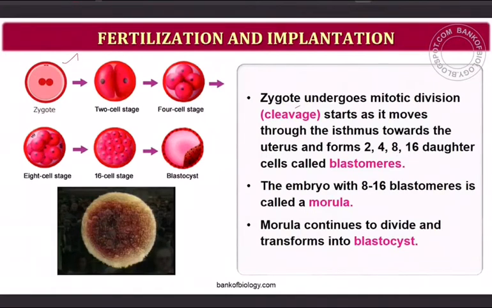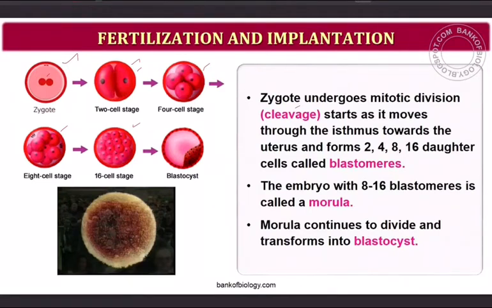Remember always, the nucleus divides first. We call it karyokinesis. Karyon means nucleus, kinesis means division of the nucleus. So a zygote having a single nucleus breaks into two nuclei. Later on, each nucleus will form a cell. So we call it cytokinesis.